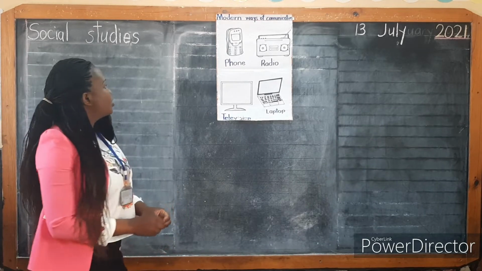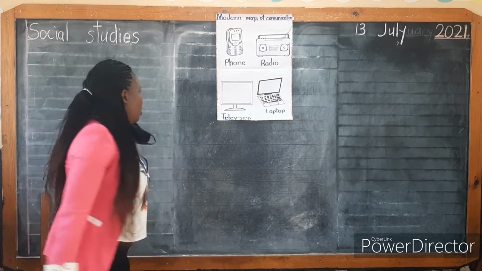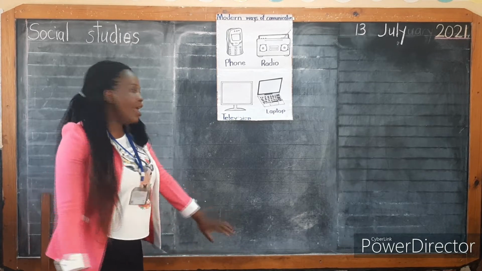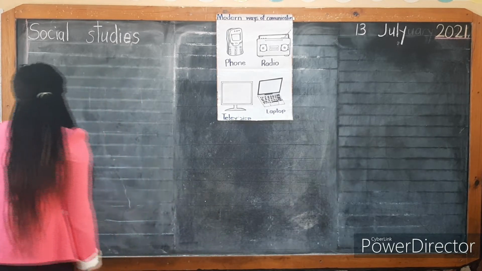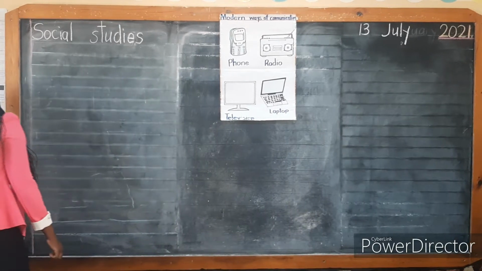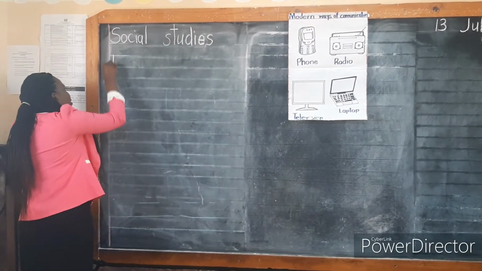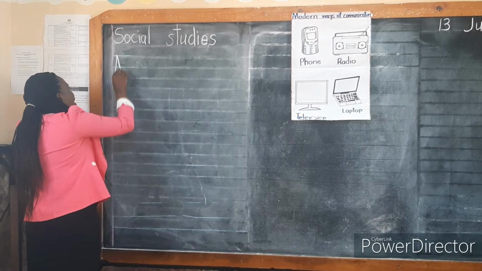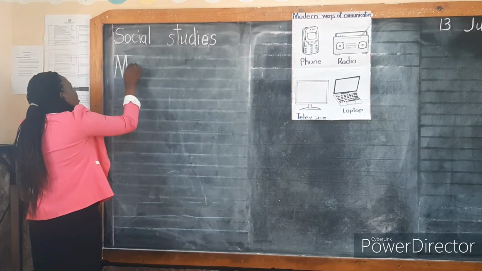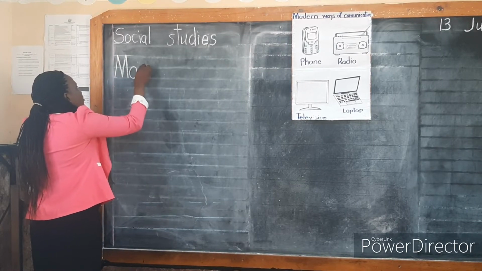So now, I want you to see what teacher is going to do. I'm going to write a title on the board. Observe how teacher writes. Okay? So remember, the first letter has to be capital. See how teacher is writing?